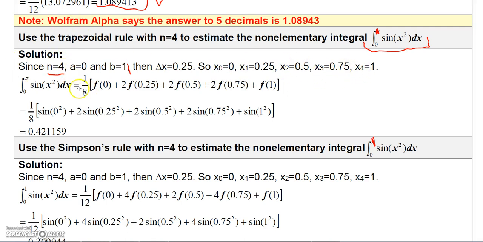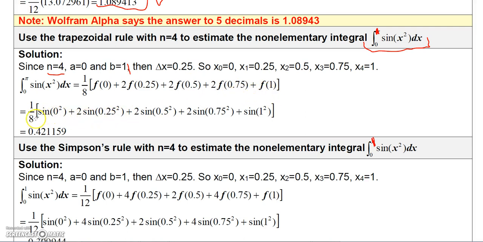And so for the trapezoid rule, b minus a over 2n would be 1/8 again. And then you do f of 0, plus 2 times f of 0.25, plus 2 times f of 0.5, plus 2 times f of 0.75, and then f of 1.